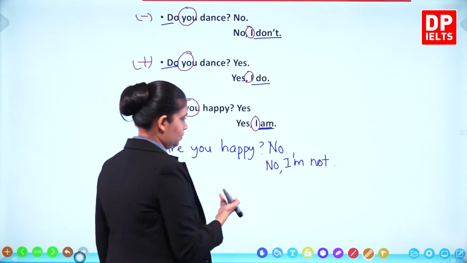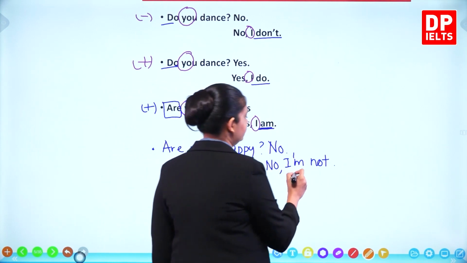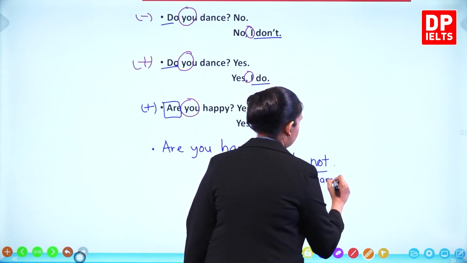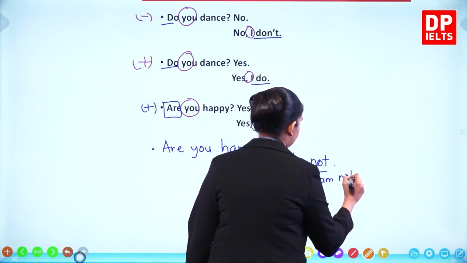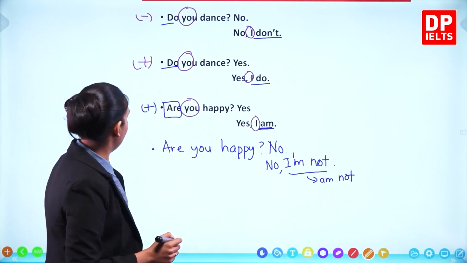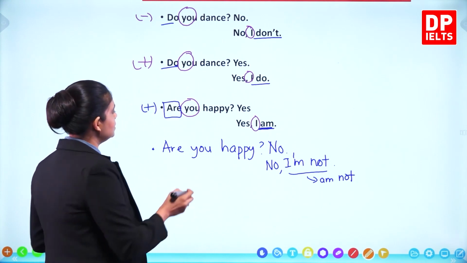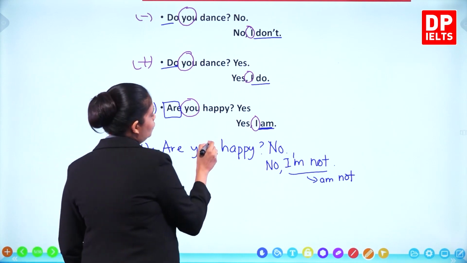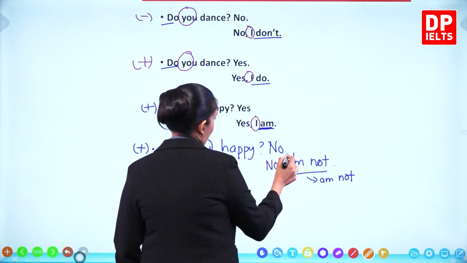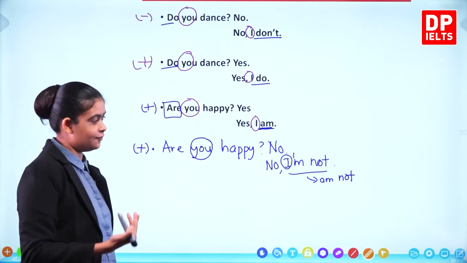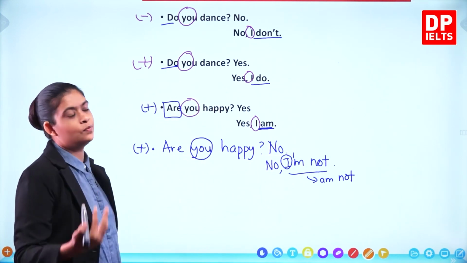Because I goes along with am, and I'm not means am not. Right? You don't need a full stop there, right? So if you take the negative form, you changes into I. Because it is negative, am not, so I'm not.